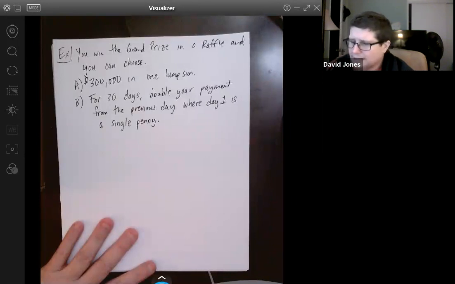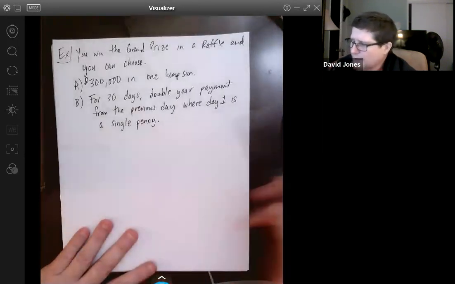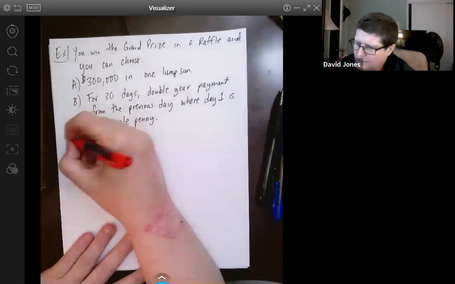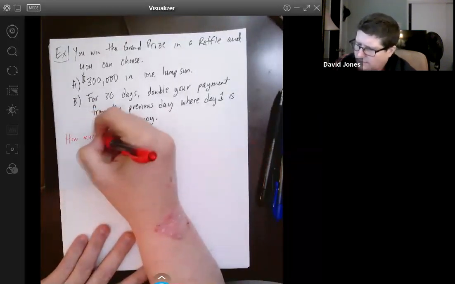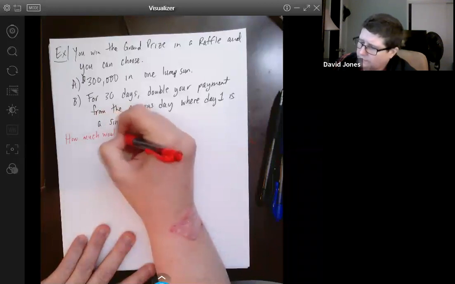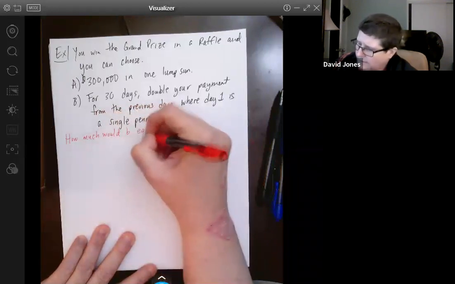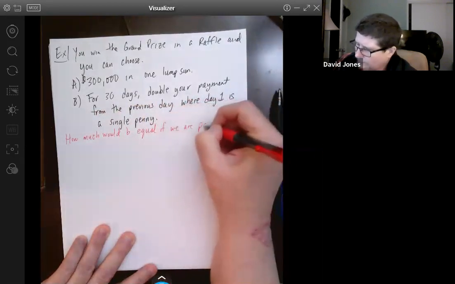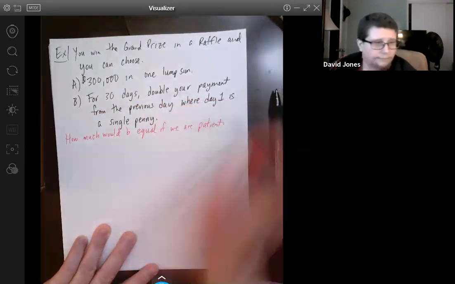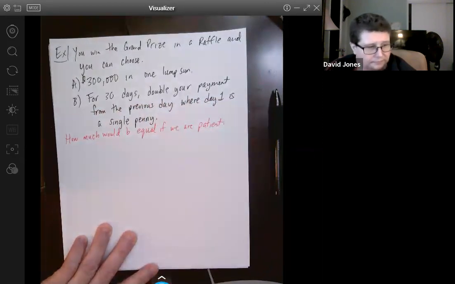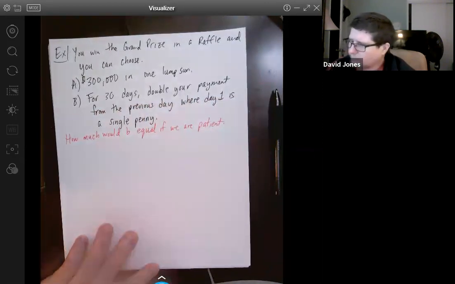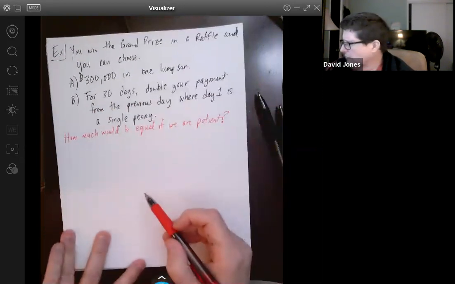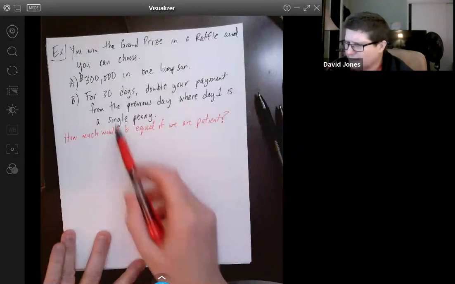Well, we know what A is. Let's figure out how much money we will get if we were patient and did B. How much would B equal? Double means 2.